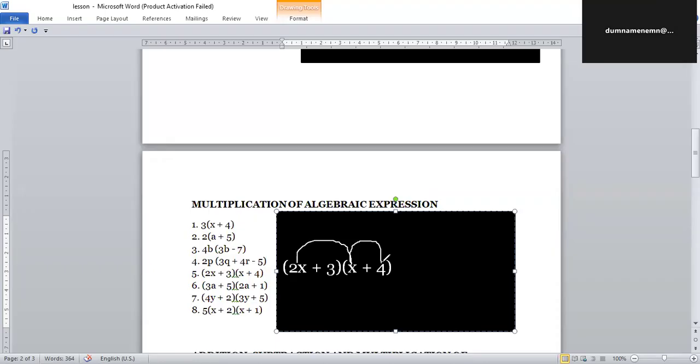Then the second term, which is 3, will multiply the first term and also the second term. Okay. All right, so let's go ahead and apply this knowledge.